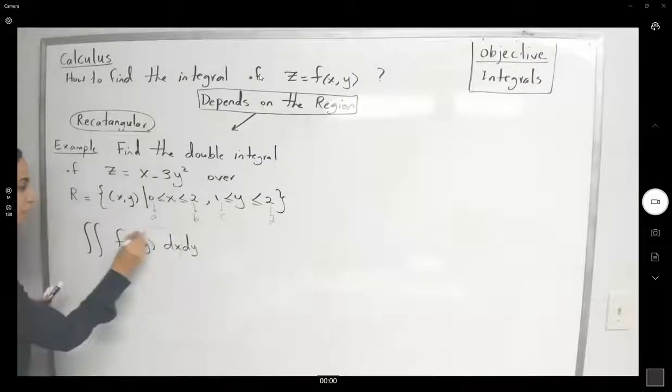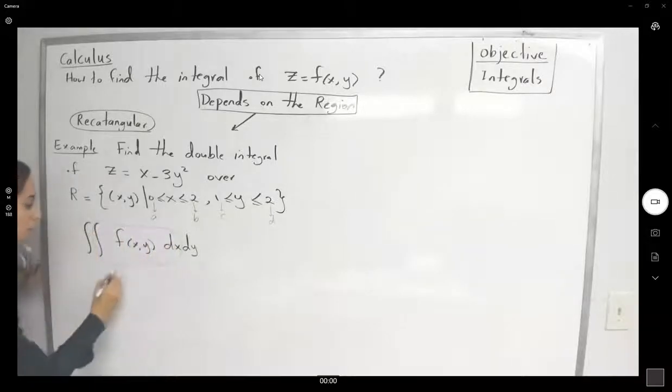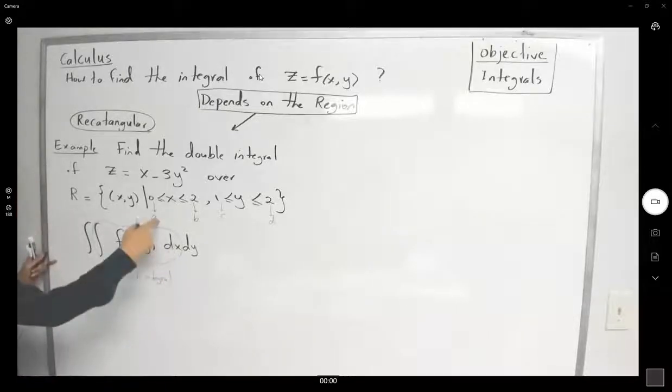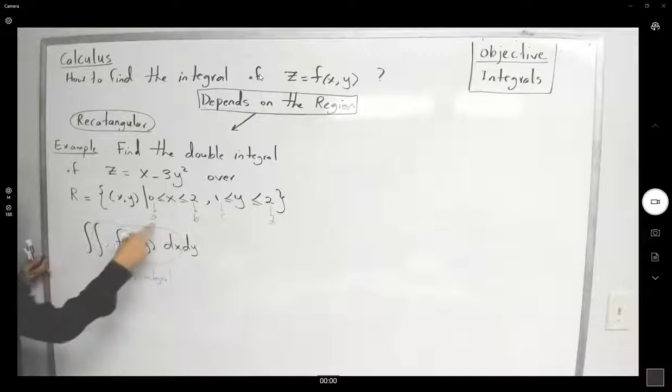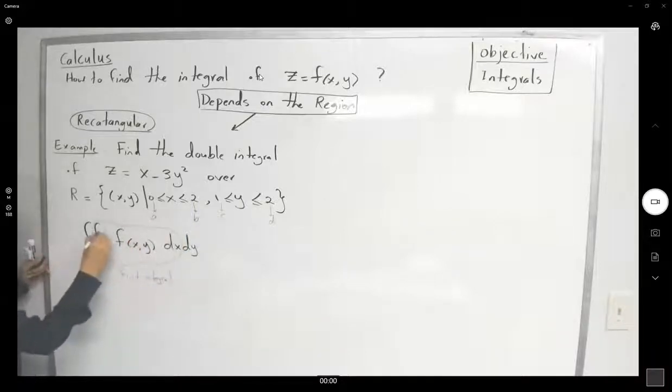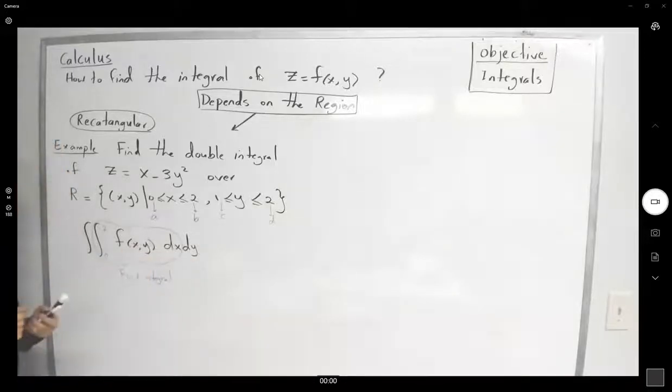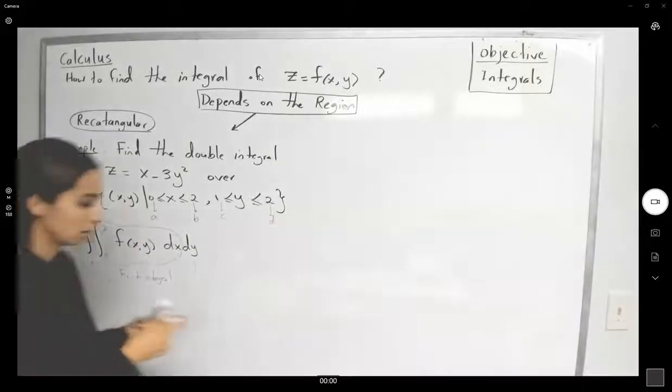So this is my inner integral. x is ranging between a and b, 0 and 2. Then you take the integral with respect to y, the outer integral, dy. y is ranging between 1 and 2. Very well.